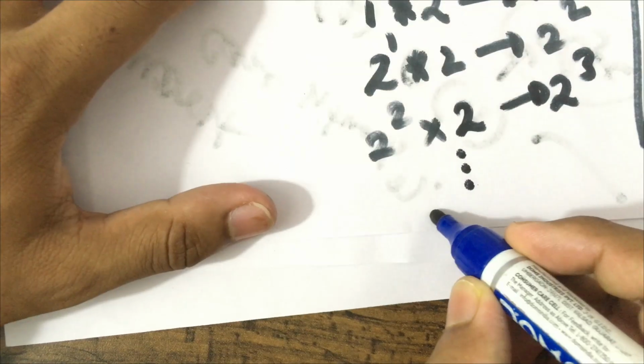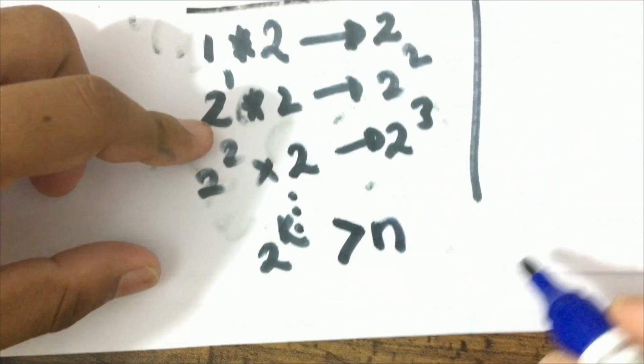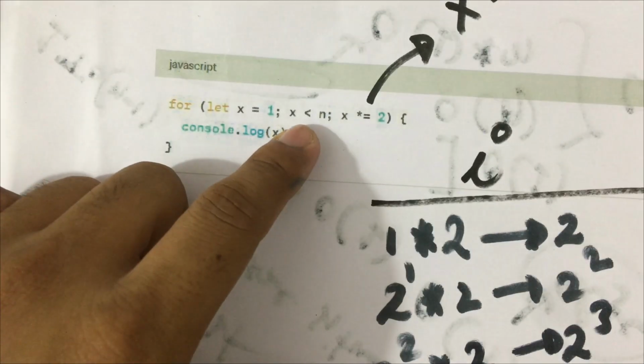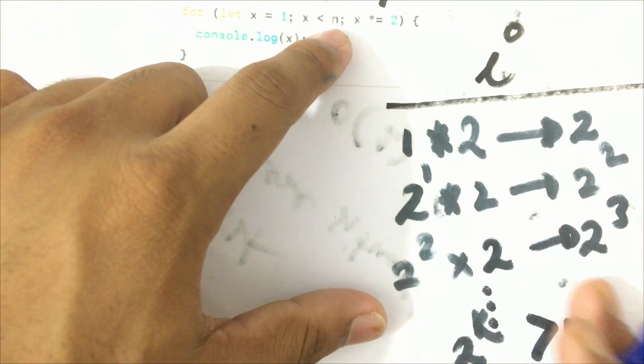So let's say 2 to the power k is the value which is greater than n. That means that is where the loop exits. Because 2 to the power k is bigger than n, this is the number where the loop exits.